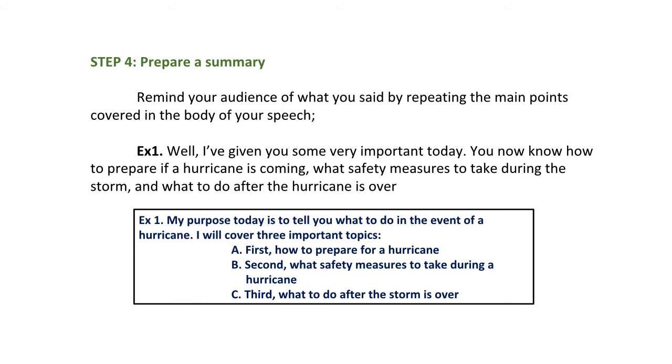And in the box right here is the thing that is the preview section. See, it's matched with the summary section. What you need to do is just state your purpose, state your main points, again. Okay?